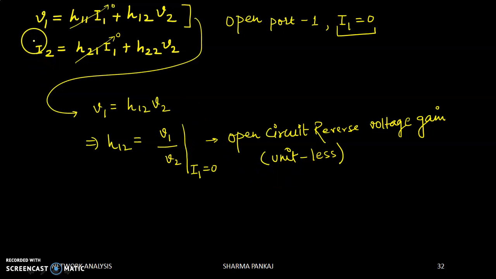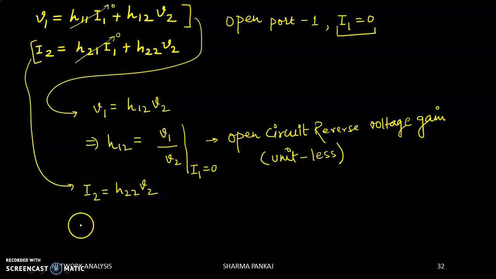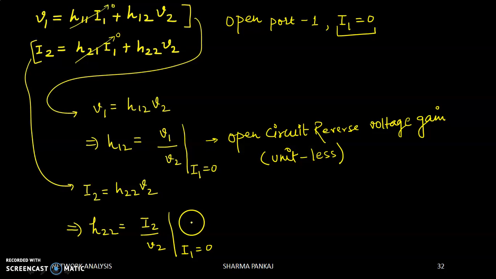From equation number 2, we have I2 is equal to H22 V2. That implies H22 will be equal to I2 upon V2 under the condition I1 is equal to 0. This is called open circuit output admittance.